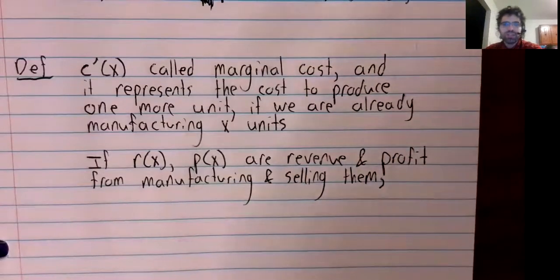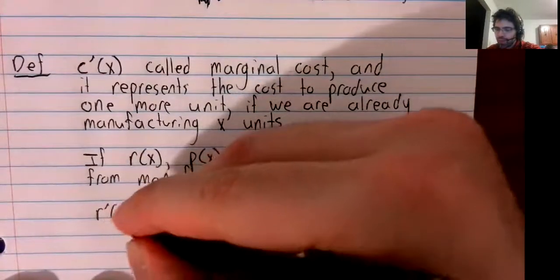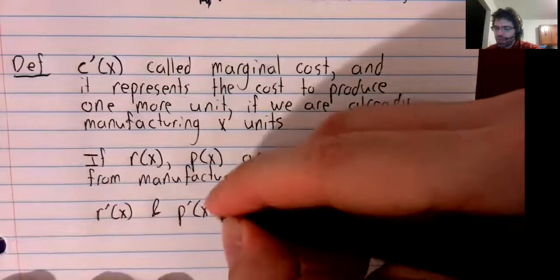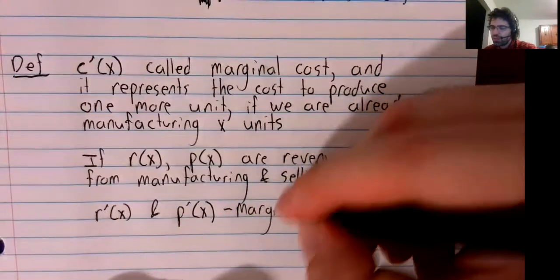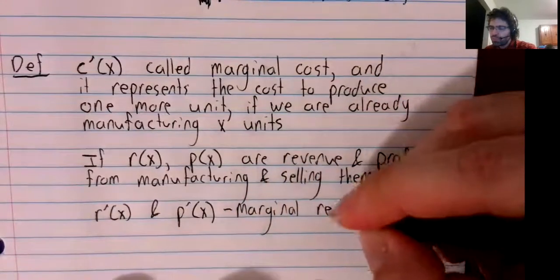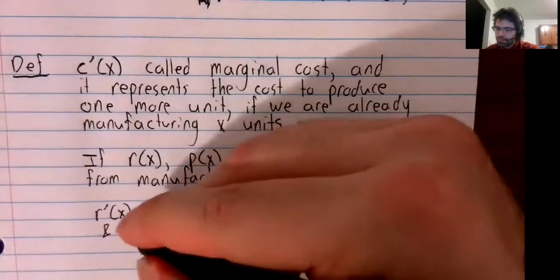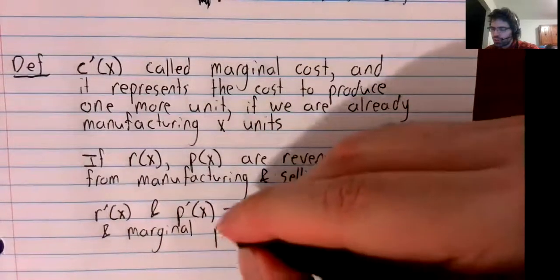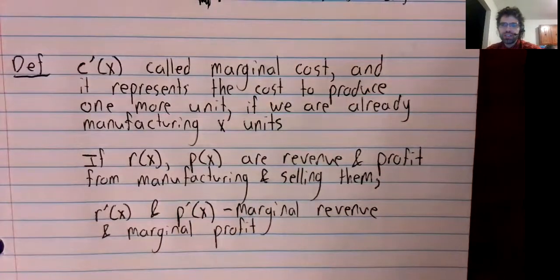And if R of x and P of x are the revenue and profit, R prime of x and P prime of x are the marginal revenue and the marginal profit.